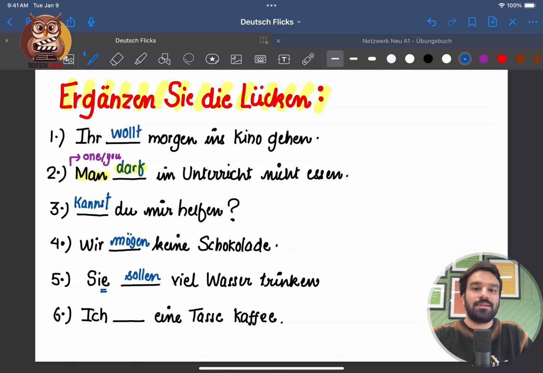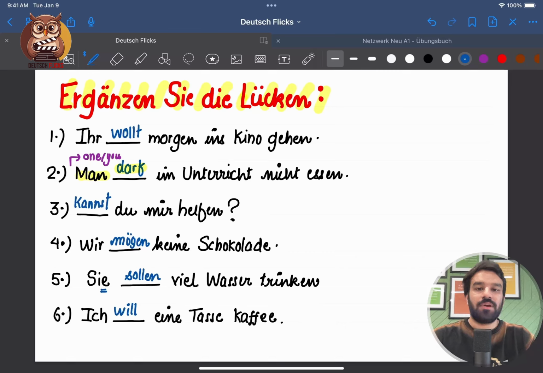But if you've written soll, in the third person singular conjugation, if you've imagined that this Sie is she, that is also fine. Nummer 6. Ich Lücke eine Tasse Kaffee. So again, this is desire. So you will use the verb wollen. Ich will eine Tasse Kaffee. I want a cup of coffee.